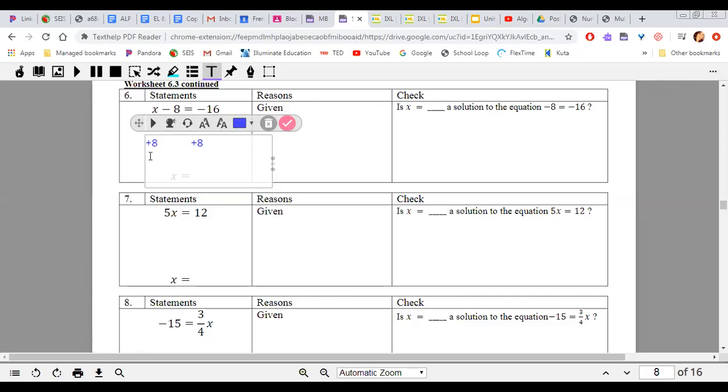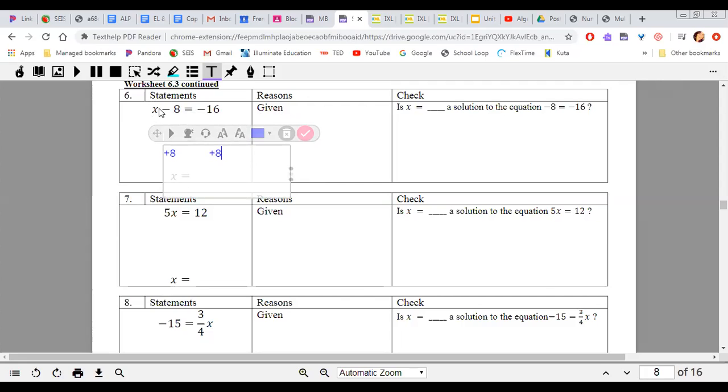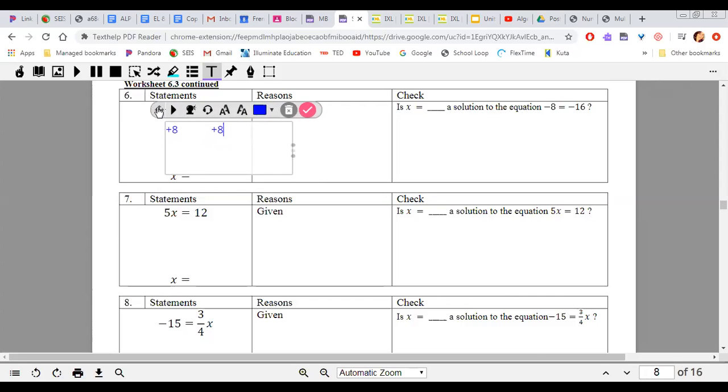Okay, that's why we add 8 on both sides, but we're adding the 8 because that is the side that has the variable on it. So we always want to do the inverse operation on the same side of the equation that has the variable. That's how we get the variable by itself, and the goal is to isolate the variable.